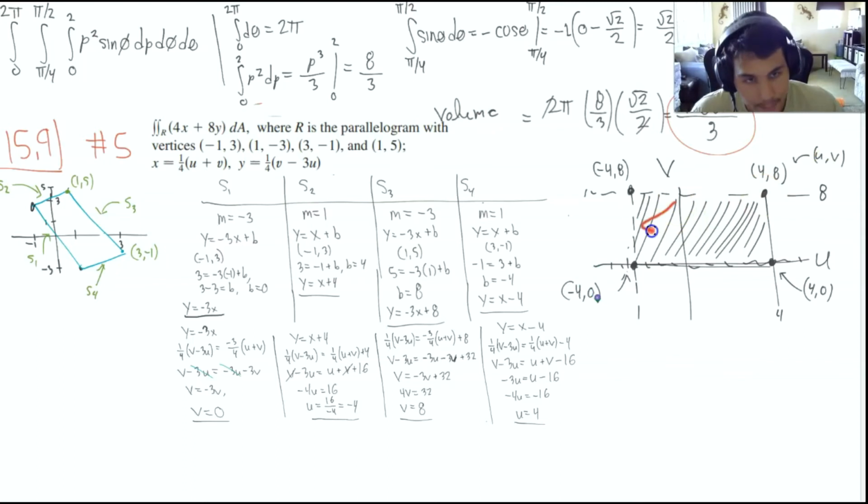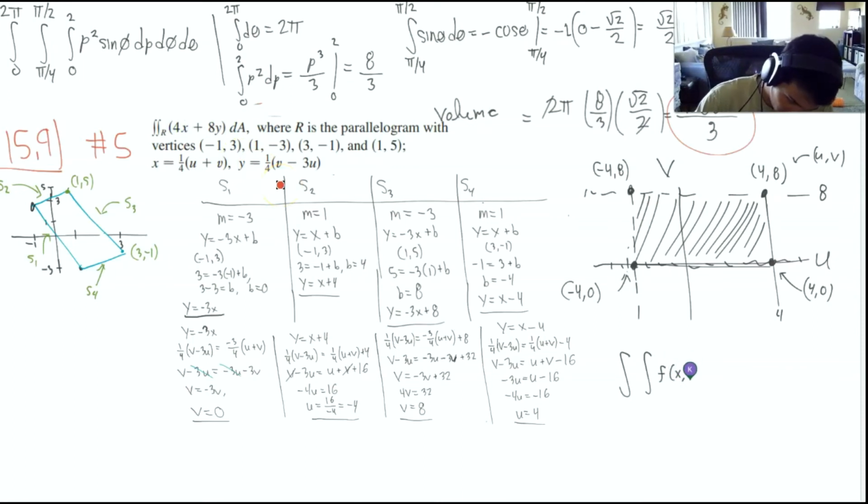Okay. And everyone loves integrating rectangles. So we have these new bounds. Let's transform. I'm going to write this as the integral of f of x dA over R, and we're going to transform this.